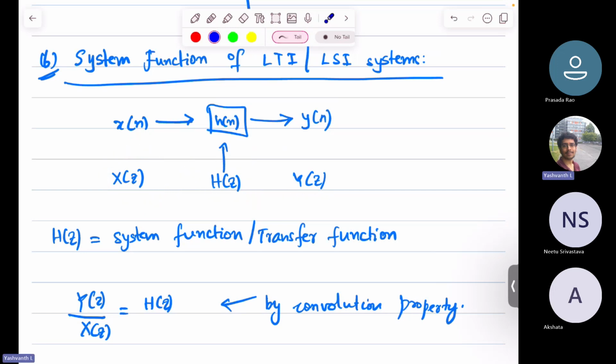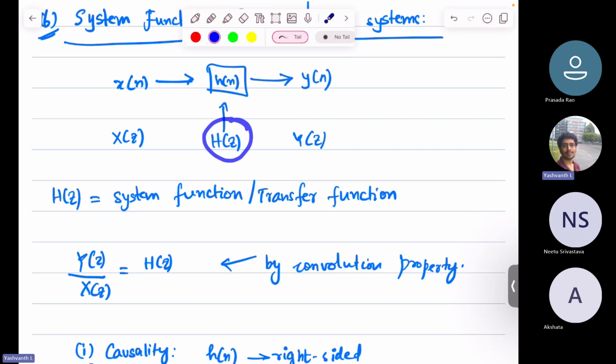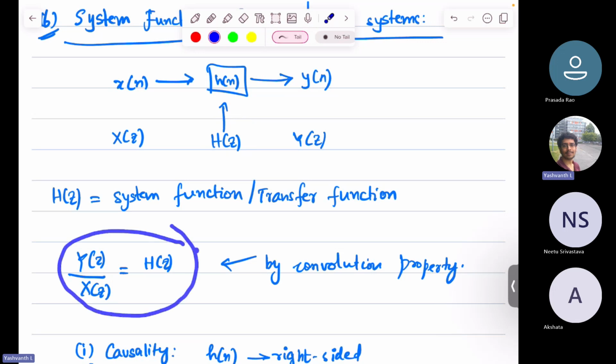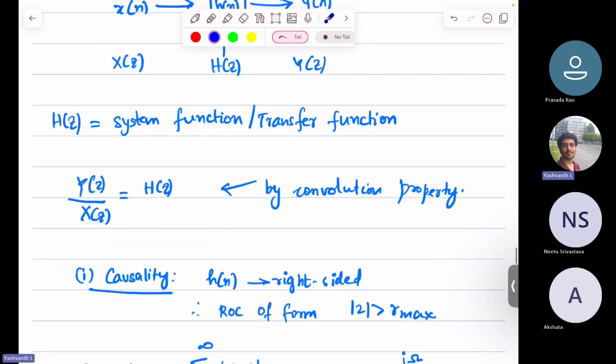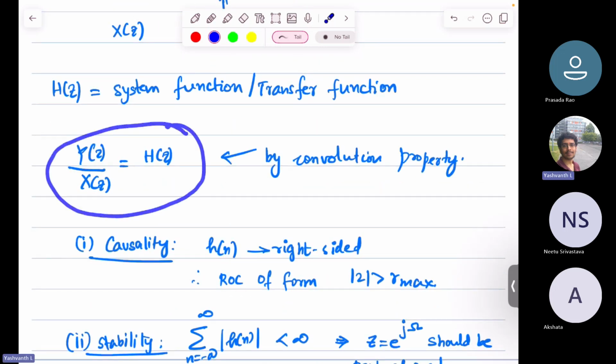Then you can determine H of z as the ratio of Y of z by X of z. This is called the system function or transfer function of the given LTI or LSI system. Now, using the Z transform, we will characterize the properties of the system.